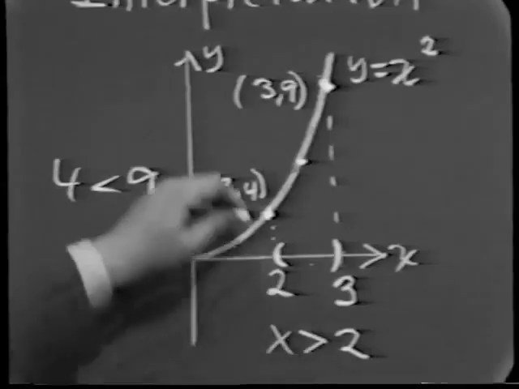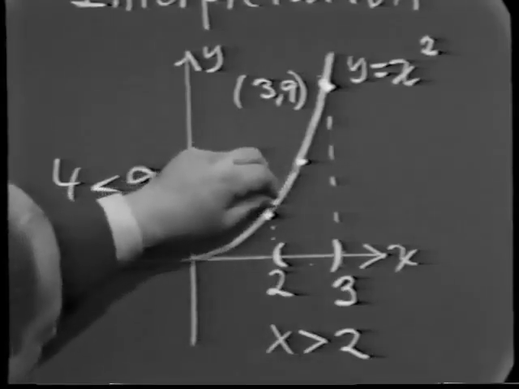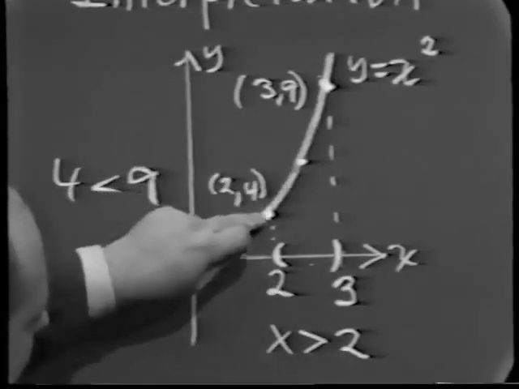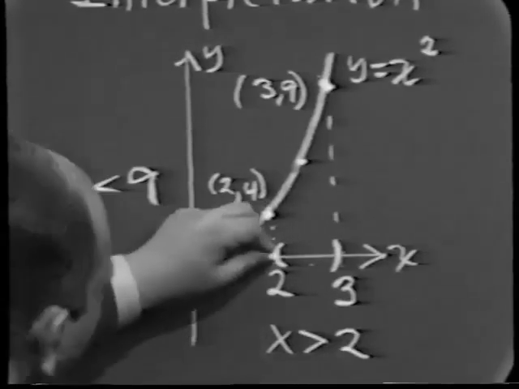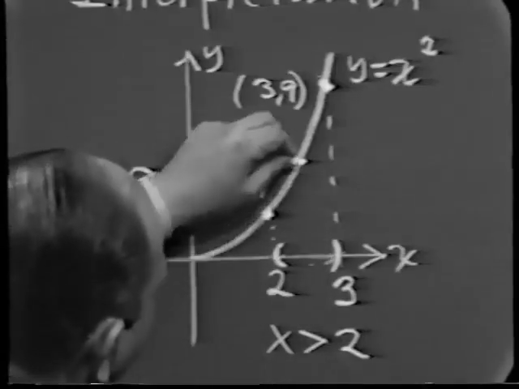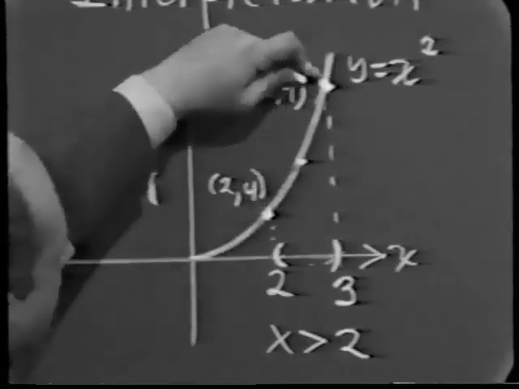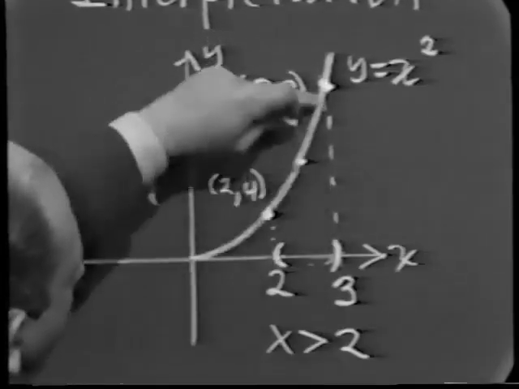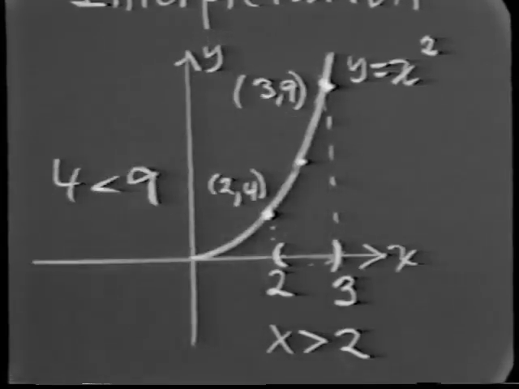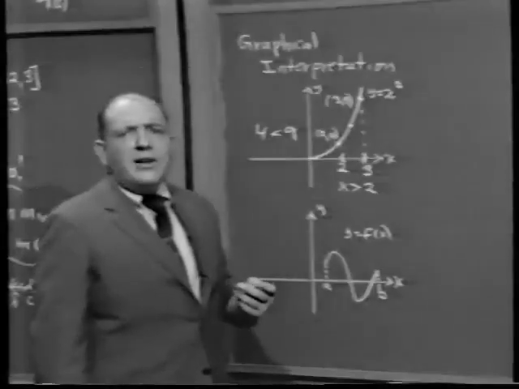There's a space there. No matter how low you get, as long as you're not exactly at 2, you can find a point that's lower. In the same way, as you move closer and closer to 3, if you exclude the point itself, no matter where you stop, you can always find a point that's a little bit higher.